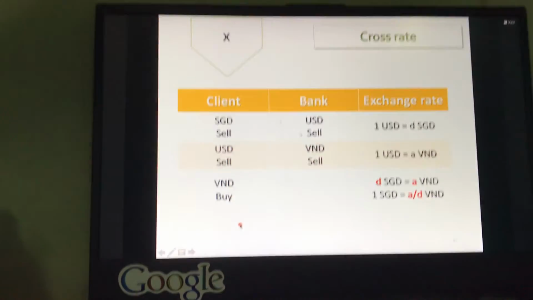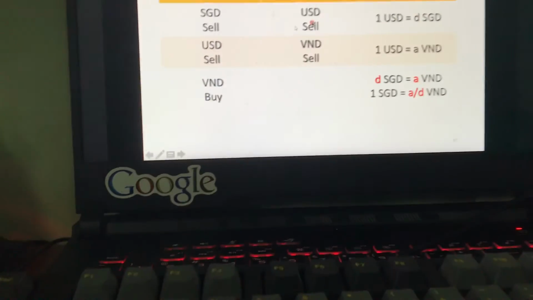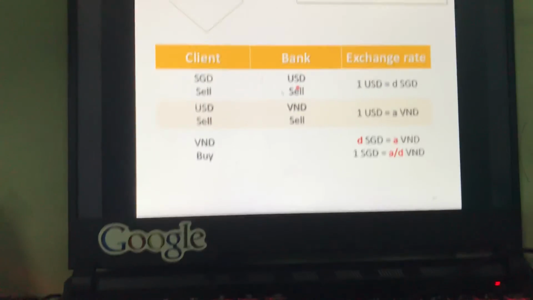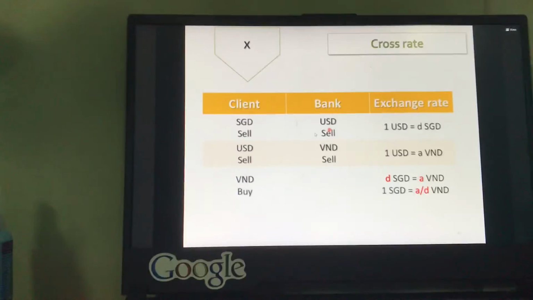Another method is the table method. The table method gives us the intuition behind the fast calculation.